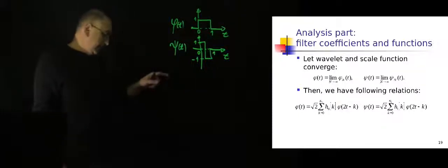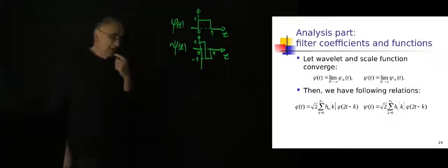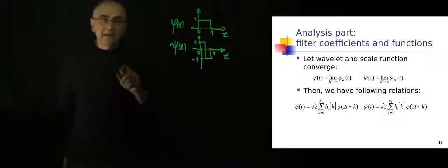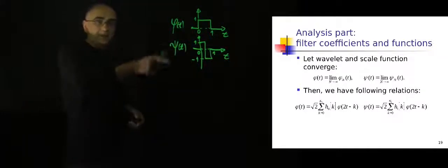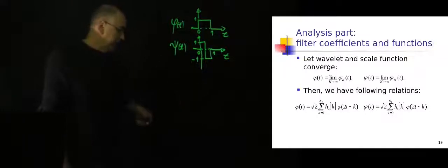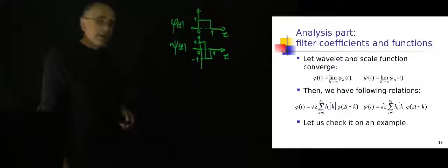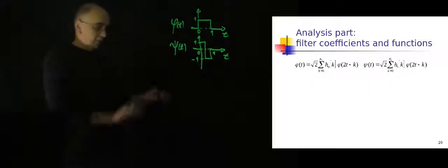So we have 2t on the right hand side of both equations. Let's try to make a real example so we will find out how it is possible. Let's check it out. So that's the claim.